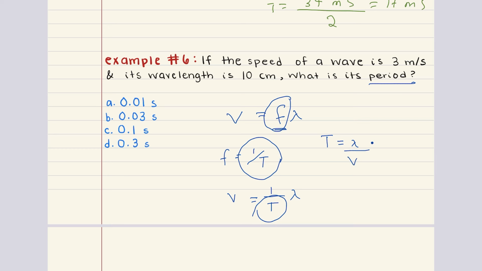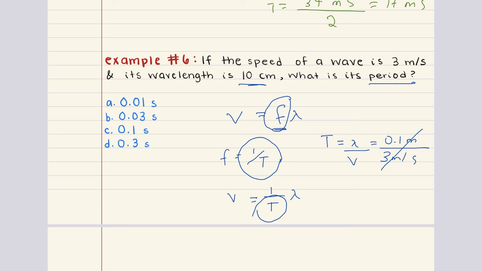Now, the wavelength is equal to 10 centimeters. We want to convert this to meters so that the units cancel out appropriately with the wave speed. 10 centimeters is equal to 0.1 meters. And then this is divided by the speed of the wave, which is equal to 3 meters per second. You notice here, meter units cancel out.